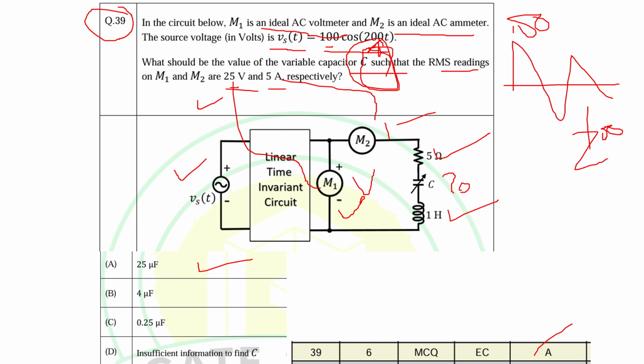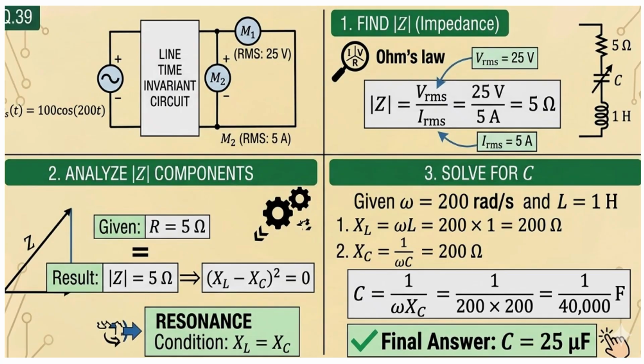So let's see how to solve this question. Look very carefully. Here the inputs are already given, M1 and M2, and the values are given. So first, step 1, we will find out the impedance. Since RMS voltage and current are both given, this is equivalent to the AC circuit.